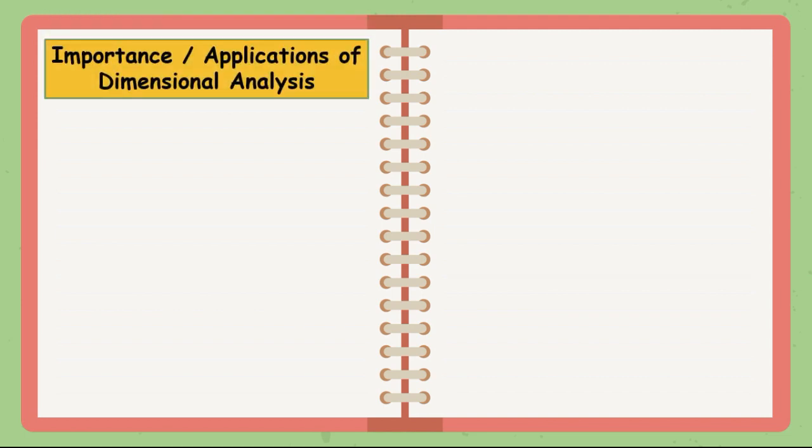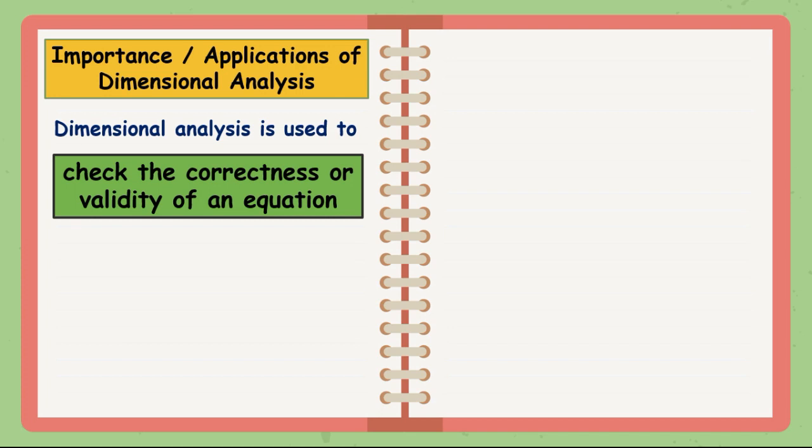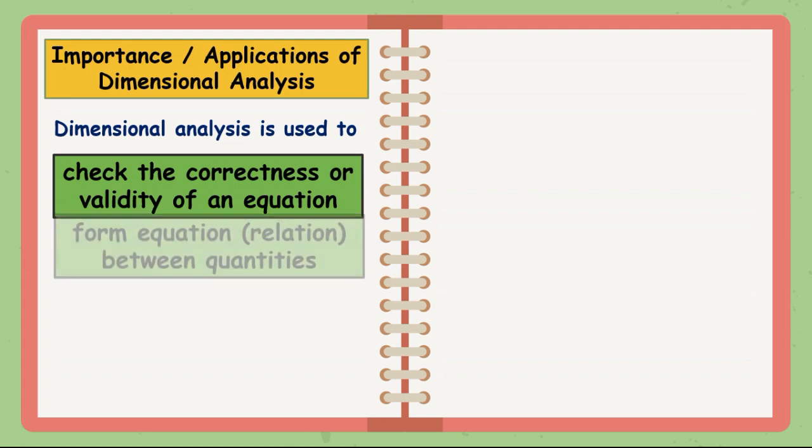Let's first look at the importance or the application of dimensional analysis. Dimensional analysis, for our discussion so far, is used to, one, check the correctness or the dimensional validity of an equation. Under this, it means that we will have to examine a lot of equations and see whether dimensionally they are correct or not correct.